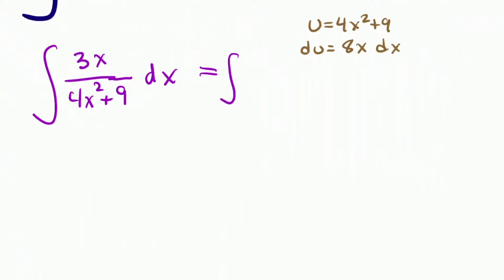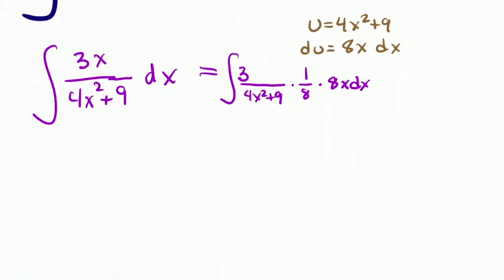So give me a minute. I'm going to put a 3 here over 4x squared plus 9. All of that is going to just stay where it is. And then I'm going to multiply by 1 over 8 times 8x dx. So hopefully you see where everything ended up. I took the x that used to be up here and moved it over here. I stuck an 8 next to it, and I put a 1/8 there. So that's where everything ended up.